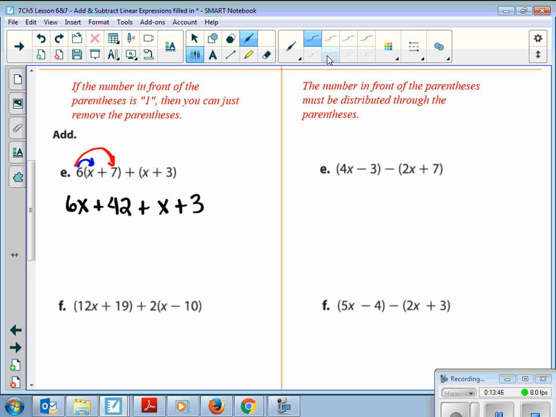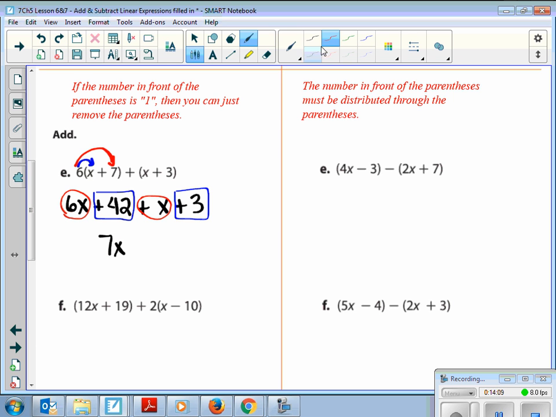And now I can combine my like terms. So we have 6x plus x, and we have positive 42 plus 3. So 6x plus x is 7x. Very good, because what's in front of this x right here?